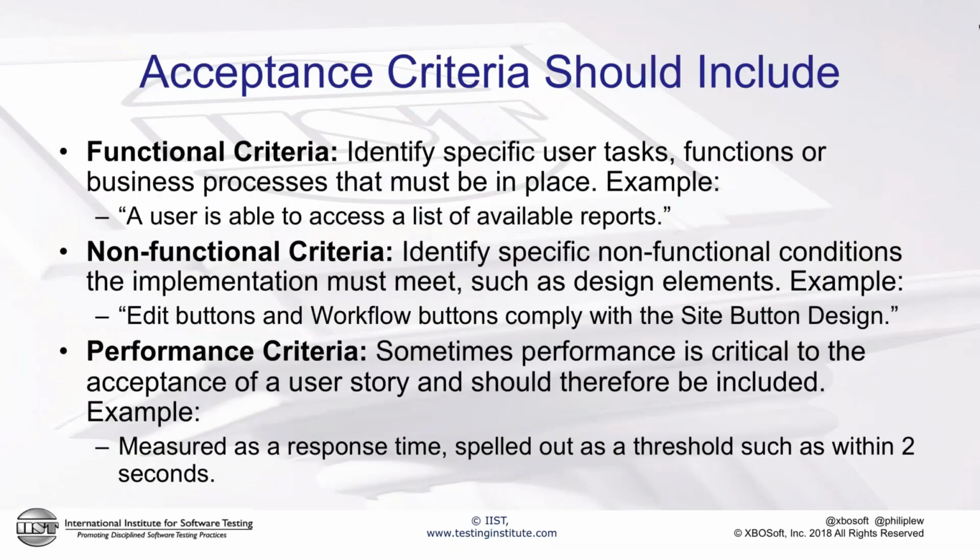Here are some areas that criteria should cover. Not only functions, but non-functional criteria we should have as well. So it's important to think about, one of the attendees mentioned security. So that is also one of the non-functional criteria in addition to performance that needs to be specified for user acceptance.